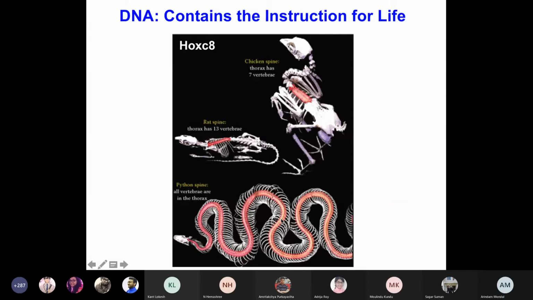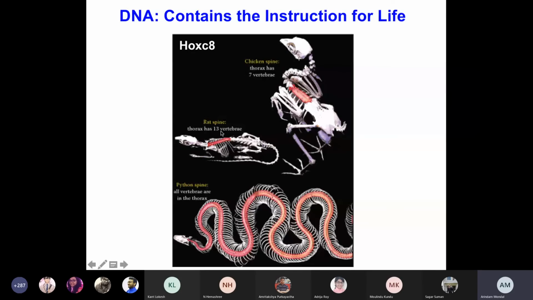So it can be inferred that HOX-C8, the particular protein which leads to the vertebra formation, remains switched on for a particular period of time during the development of the chickens, which leads to the formation of 7 vertebra.